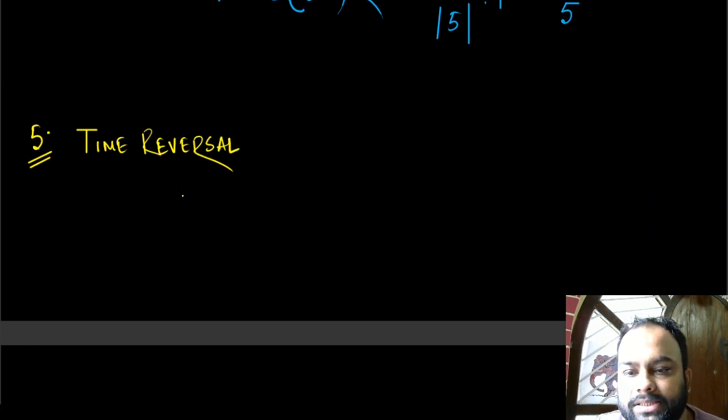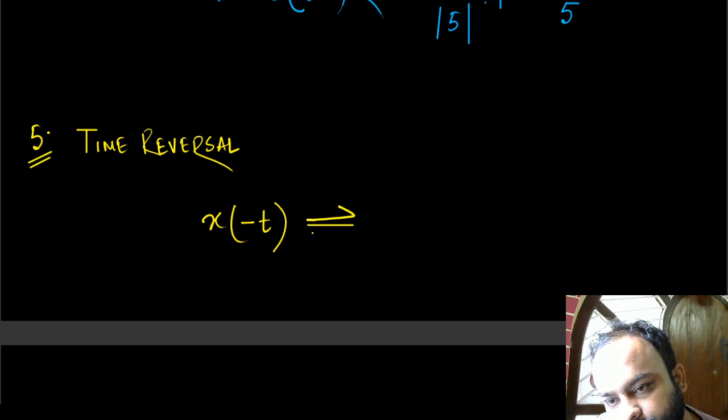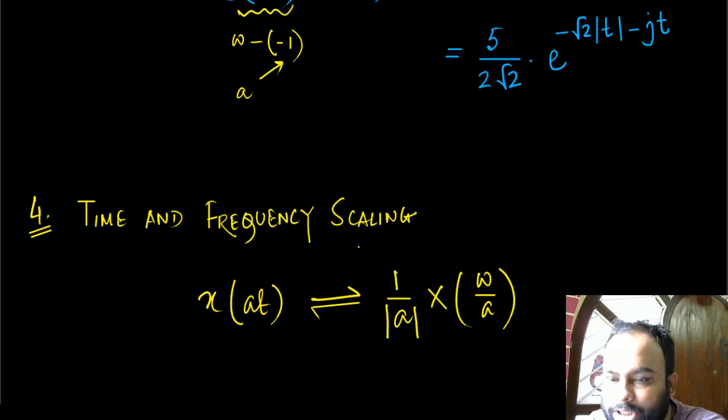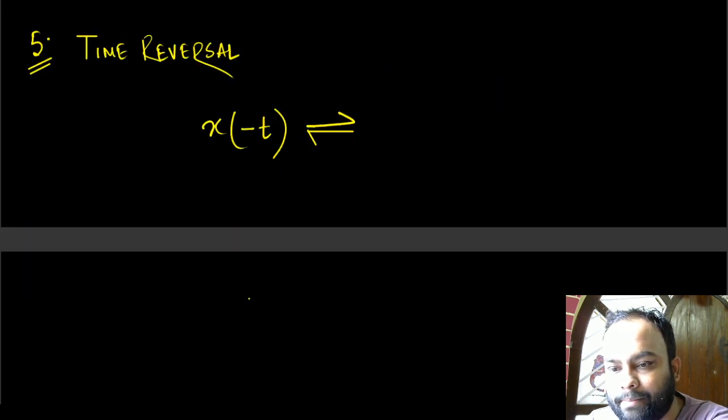So the property is this. If the Fourier transform of x(t) is X(omega), the question is what is the Fourier transform of x of minus t? Without any proof, by looking at this one, we can actually prove that. If I write x of minus t, then a is just minus 1, right? So without actually proving anything, we can write minus 1 here.